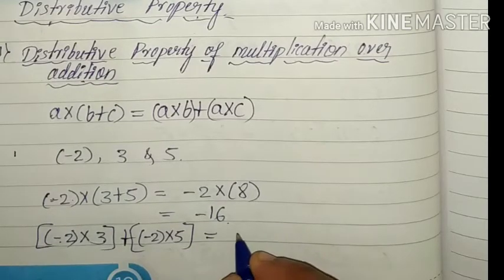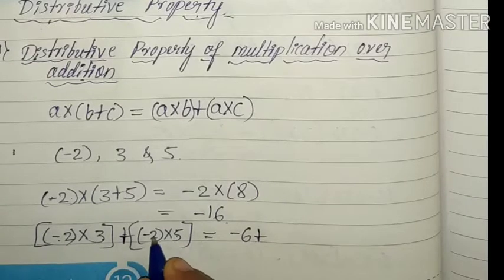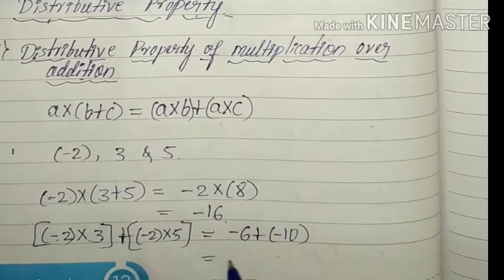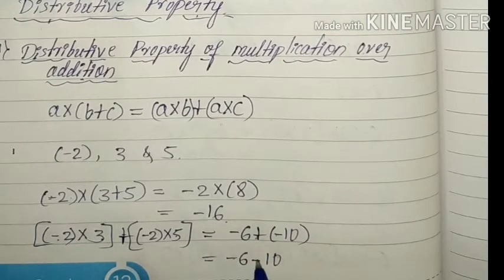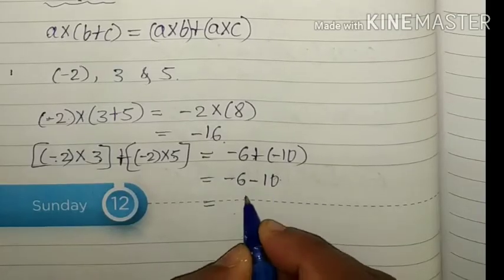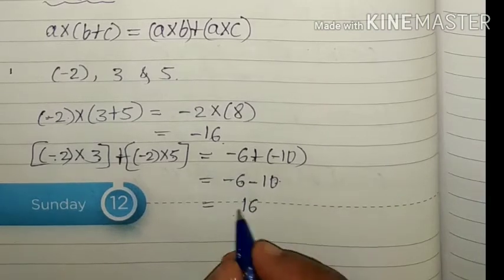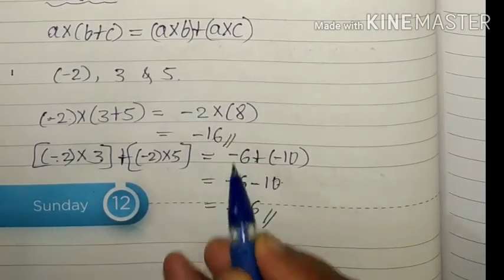Two 3s are 6, so -6, plus of 5 twos are 10, so -10. -6 plus -10: minus and minus, so we have to add the numbers, 16, and the greatest number here is 10, which has the negative sign, so the answer is -16. So both are same, right?